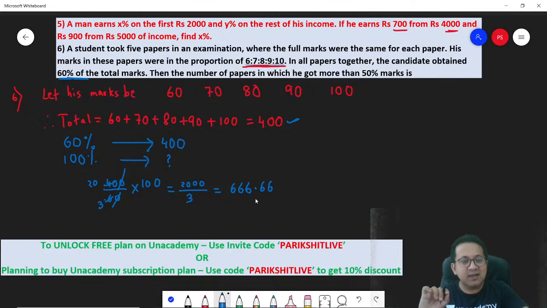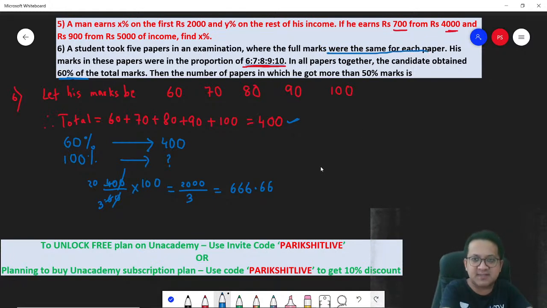Now they say the total marks were the same for each paper. What I wrote is the maximum marks across the 5 subjects, which if you add up is 666.66.